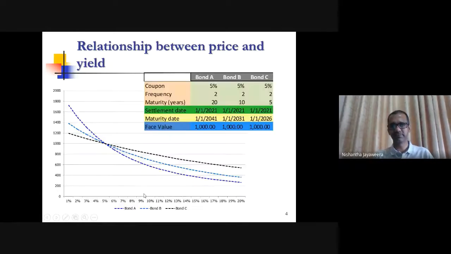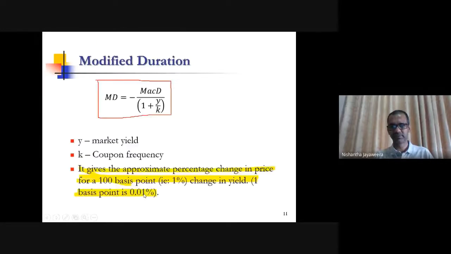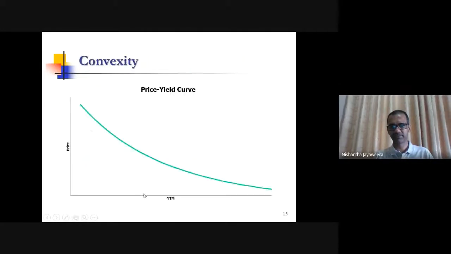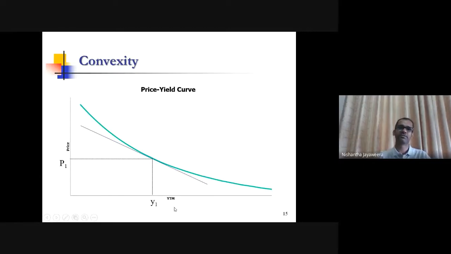But again, let me explain here. If we measure the duration at this point, at yield y1 the price is p1.